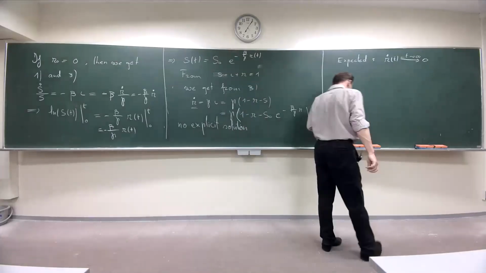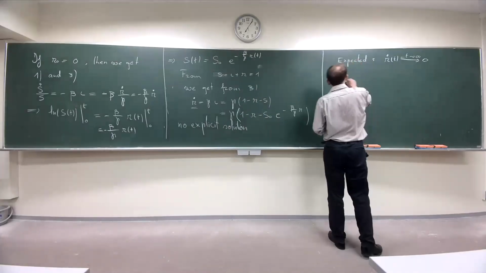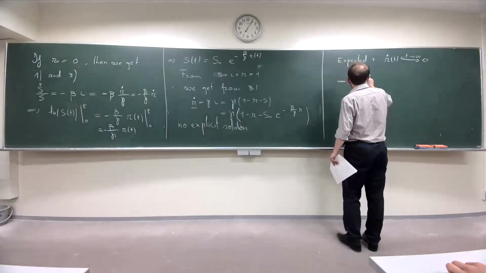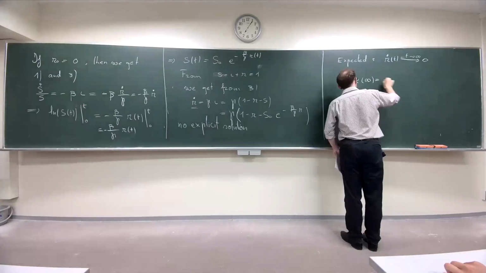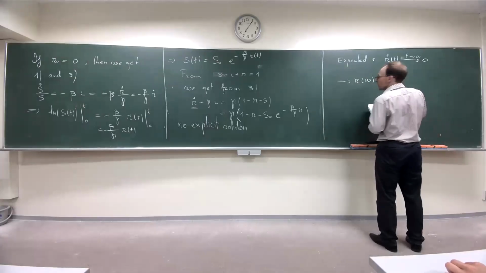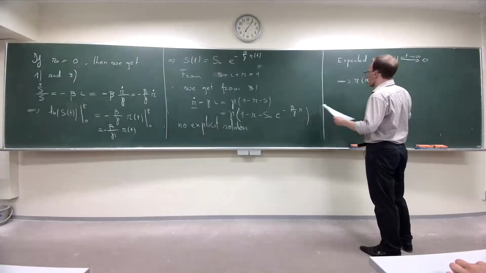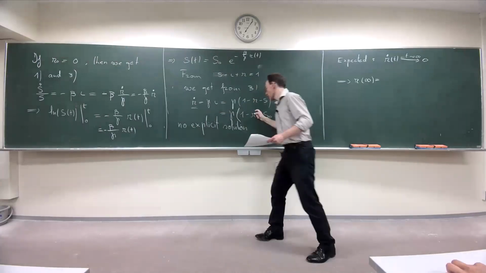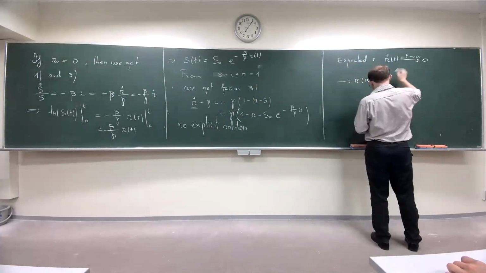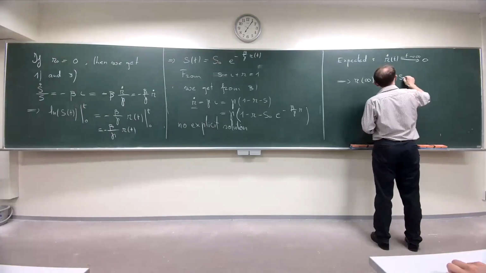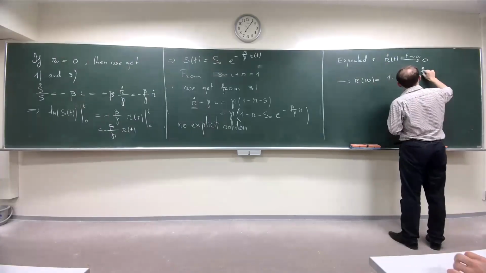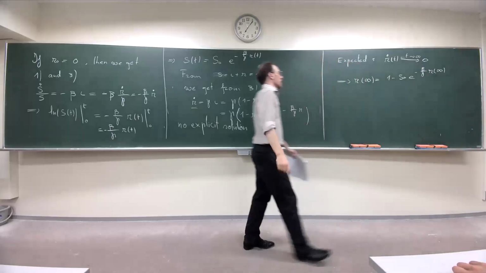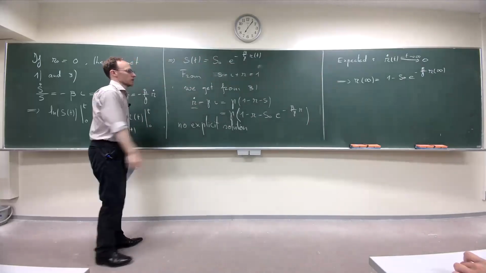You have no other choice. So this is expected, but it implies that R at time infinity is equal to, sorry, this is 0, so you put it on the other side of the equality. So it gives you 1 minus S0 e to the minus beta over gamma R of infinity. You get this because the derivative is 0 and you just solve it.